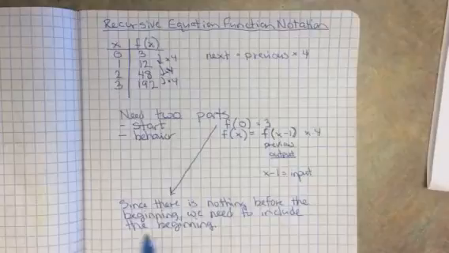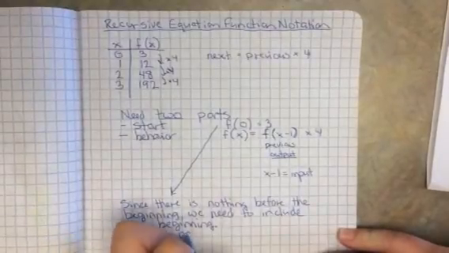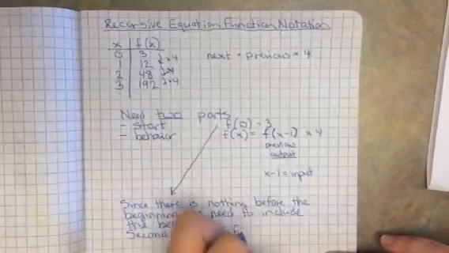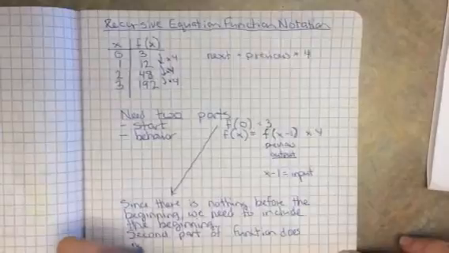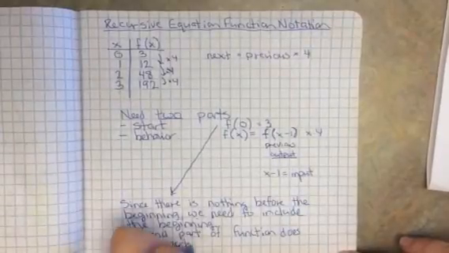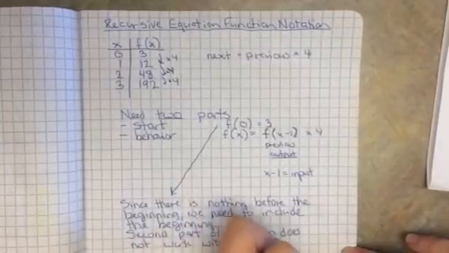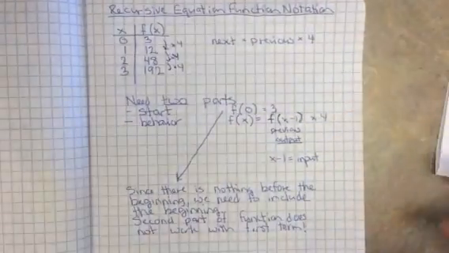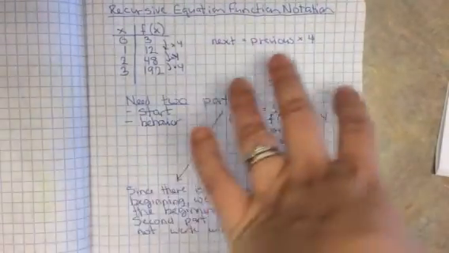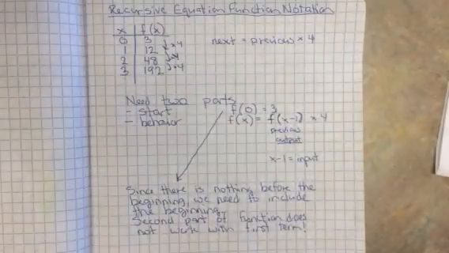Okay, so the second part of the function does not work with the first term. So that gives you something that is a little bit more official in your notebook about that recursive equation function notation, since we've been kind of informal about it up to this point.